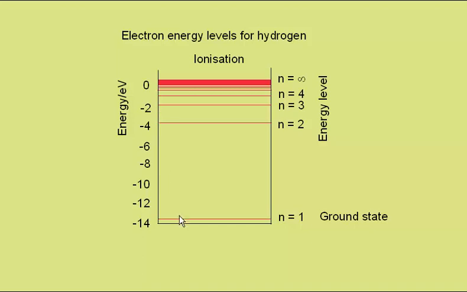So for example, from the ground state, we would need to give the electron at least 13.6 electron volts to allow it to escape from the atom. So therefore, at the moment, it effectively has minus 13.6 electron volts. We give it that energy, and it would then have 0 electron volts and be free.